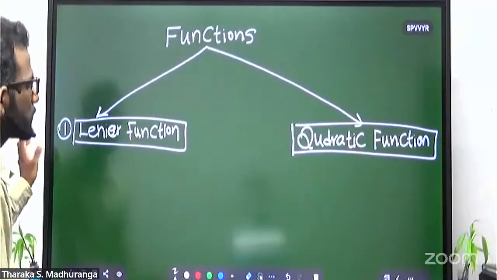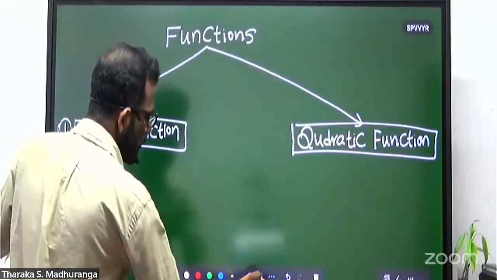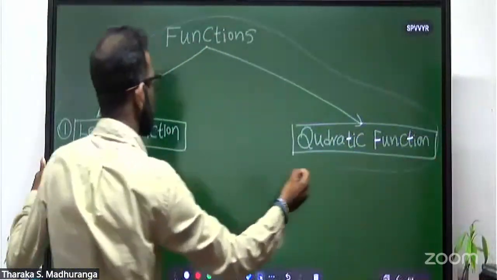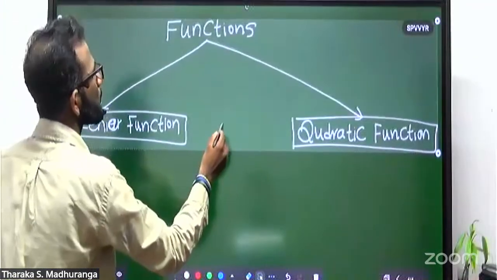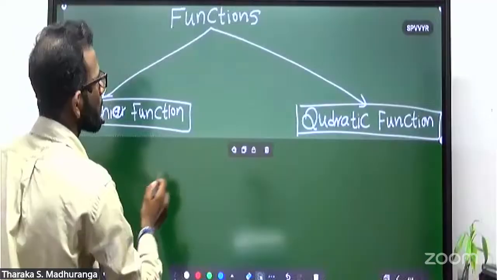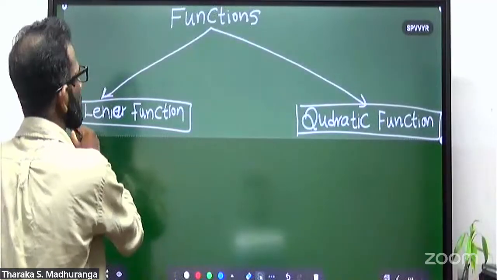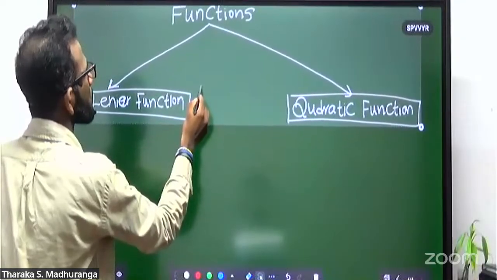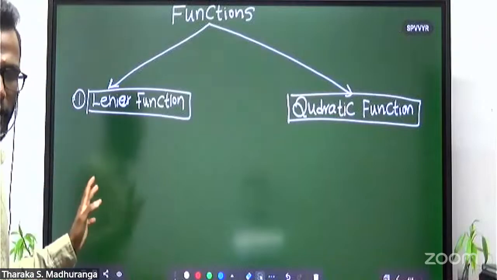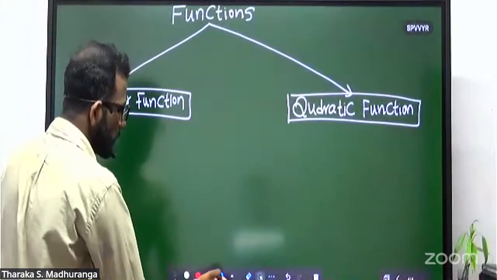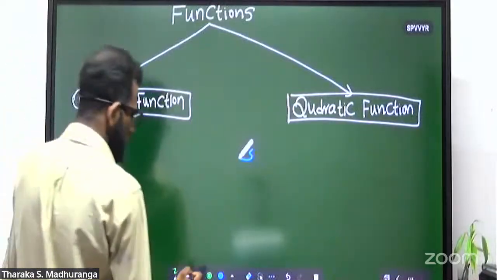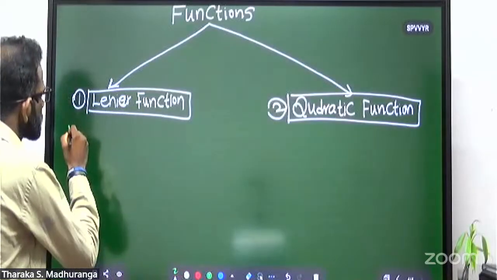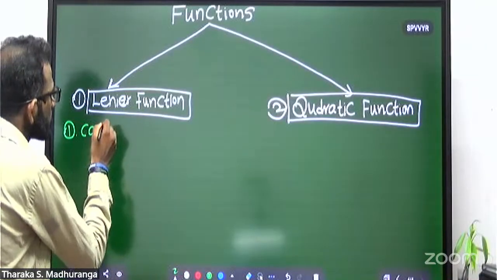Under linear functions, we mainly discuss the following. The first one is the Cartesian plane.